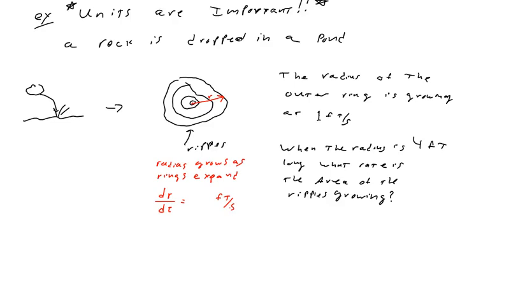So we need to come up with what equation do we need? What initial information do we have? And then take our derivative to solve and plug in. So we need to break down this process into these steps.